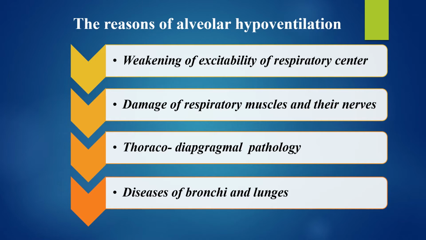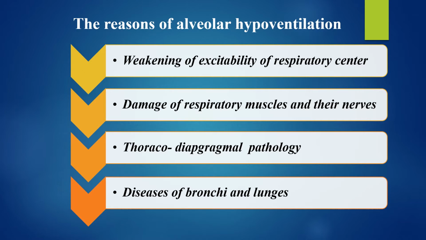Sometimes, during severe pain, especially in chest injuries, inhibitory afferent effects increase, and these lead to the weakening of ventilation. The weakening of the respiratory center also occurs with damage to the brain tissue, cerebral atherosclerosis, brain injuries, swelling, and brain tumors.